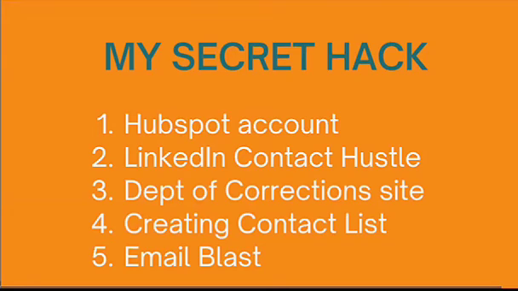Then once you have your email marketing system, you take everybody that's in the wardens and in the correctional institutions and make a separate list of them. That way, anytime you want to send out an email blast to do with your reentry program, you just grab that list.